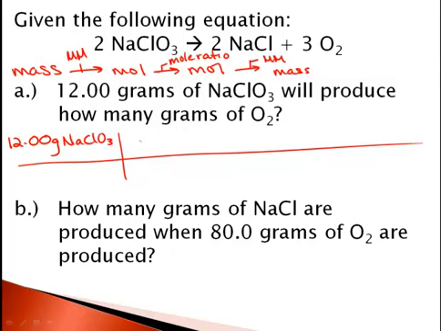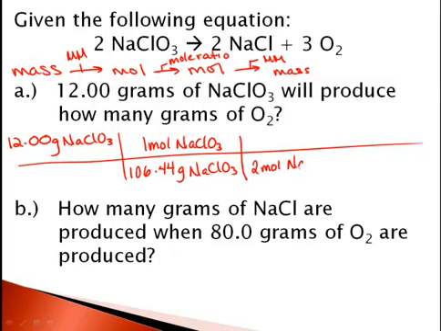We're going to convert that to moles, so we need the molar mass. Sodium is 22.99. Chlorine, Cl, is 35.45. And 3 times 16 for oxygen, we get a molar mass of 106.44 grams in 1 mole of NaClO3. In the balanced equation, we see that there's 2 moles of NaClO3 and 3 moles of oxygen.